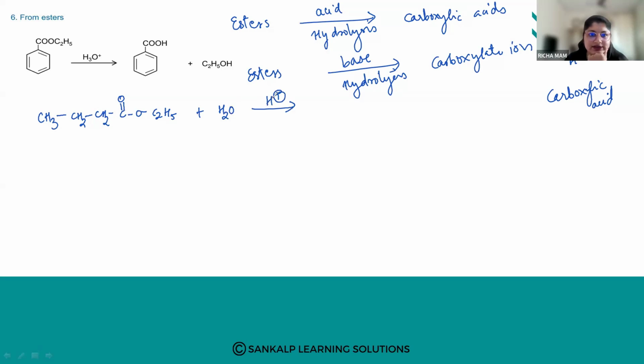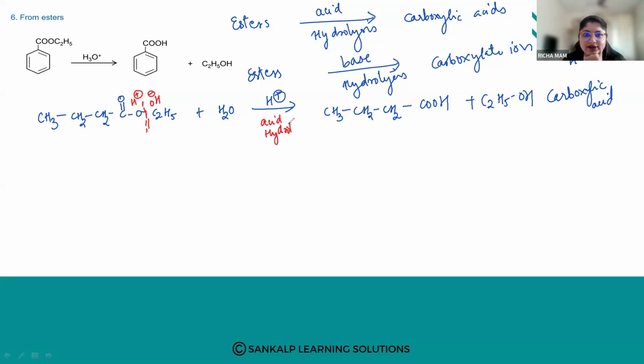Directly, I'm going to get CH3CH2CH2COOH plus C2H5OH. Here I'm going to put H plus, and here OH minus, from water. This is in the presence of acid, so this is undergoing acid hydrolysis.